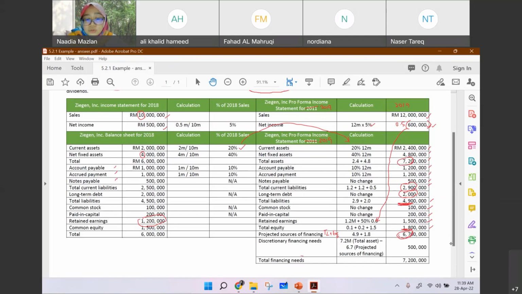So what is your total financing need? It's 6.7 million plus 0.5 million, so you get 7.2 million. This 7.2 total financing need is the same as your total assets.